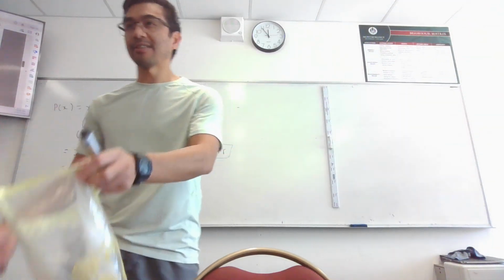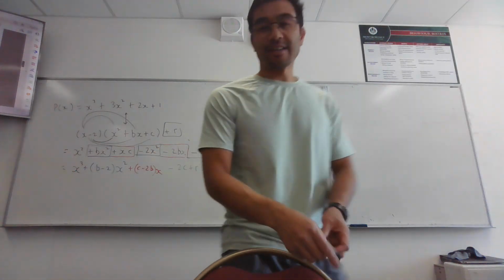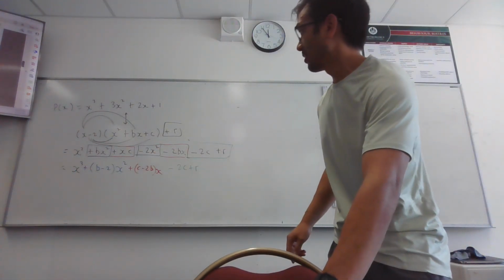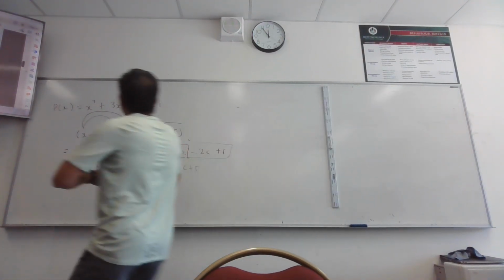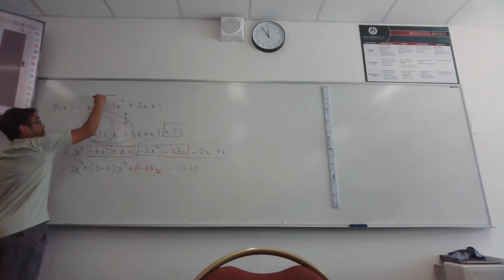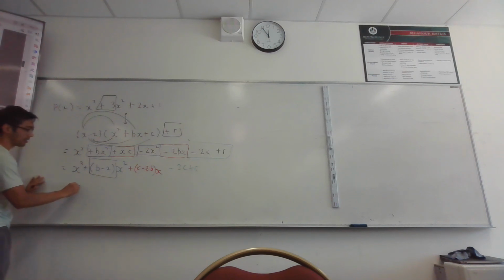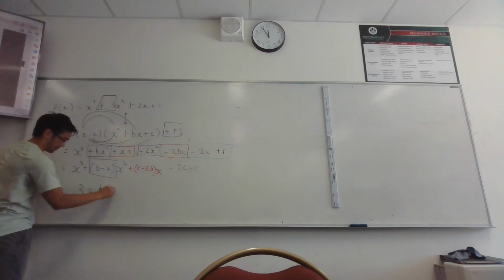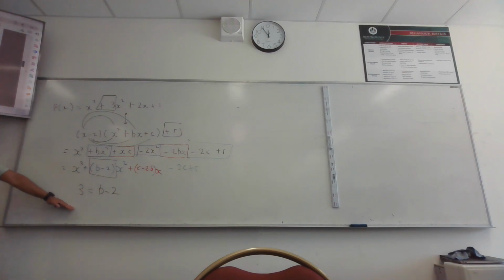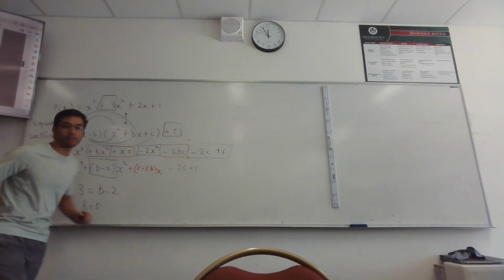Green is the best, I think. Jesse has seen the x squared is related to this x squared, so he's equating. This is something that we call equating coefficients. And b is now equal to 5.